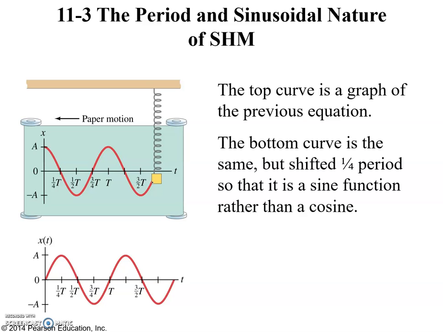If this were attached to some sort of a pen that could draw on a piece of paper that's scrolling by here, what we would see is that as this box bobs up and down in an oscillating motion, and the paper continues to roll at a constant speed, the pattern drawn onto the paper ends up being a sine wave up and down and up and down.